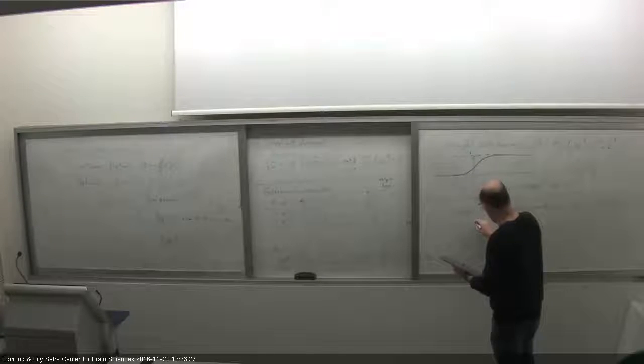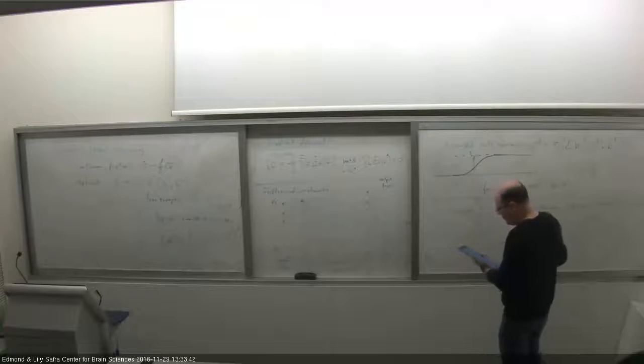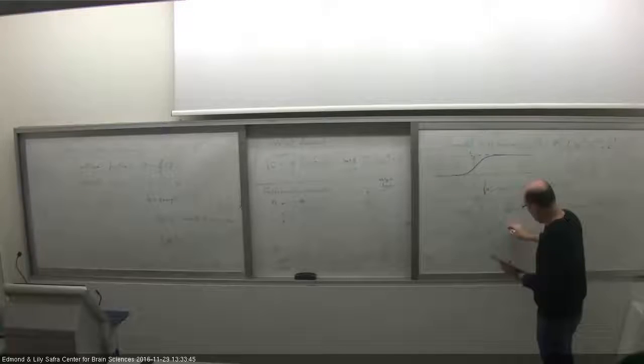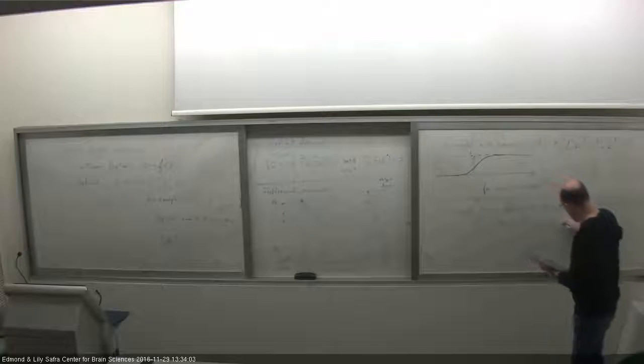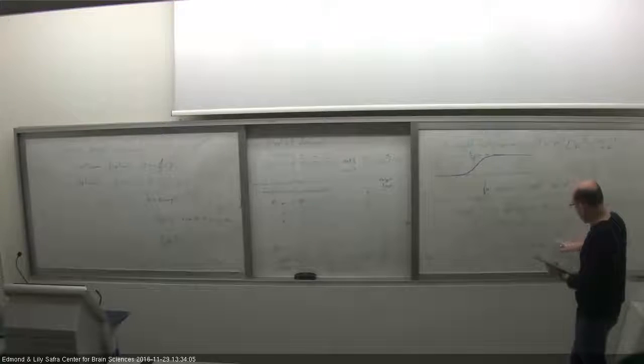actually, a network with one hidden layer means that the output of the network can be written as a sum over l going from 1 to M, M being the number of units in the hidden layer, a_l hyperbolic tangent of sum over W... these are the outputs of the neurons in the hidden layer.